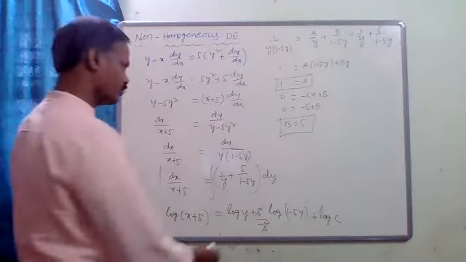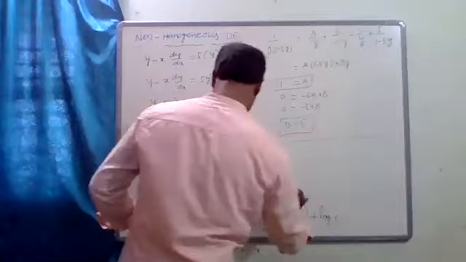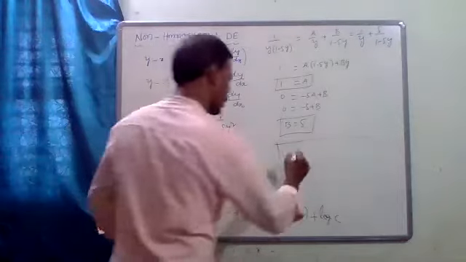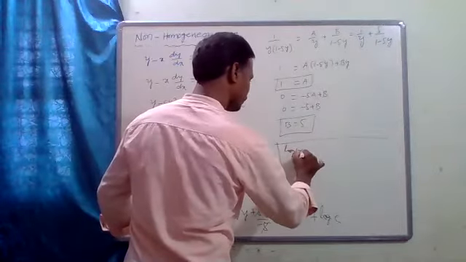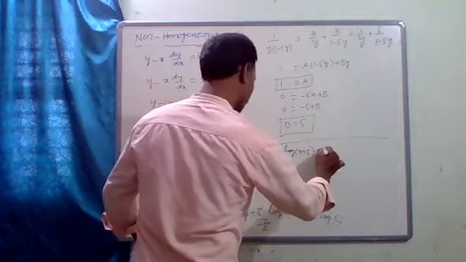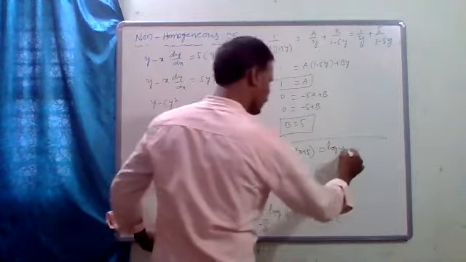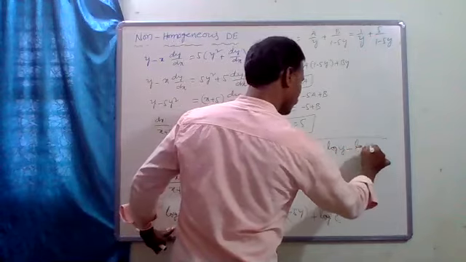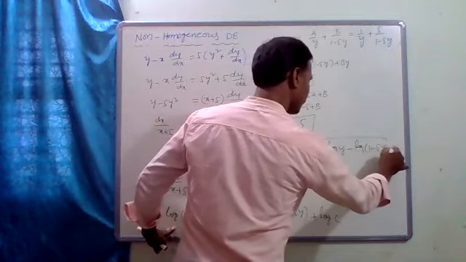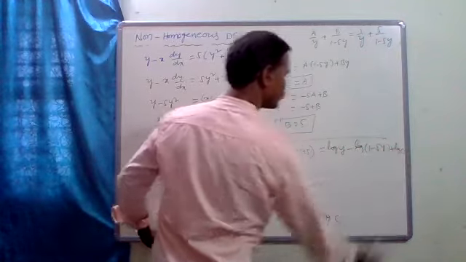Now what is the final answer? The final answer is log x plus 5 equal to log y minus log 1 minus 5y plus log c.